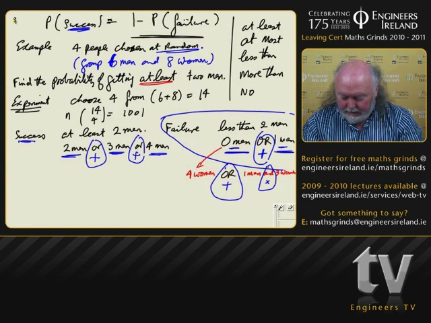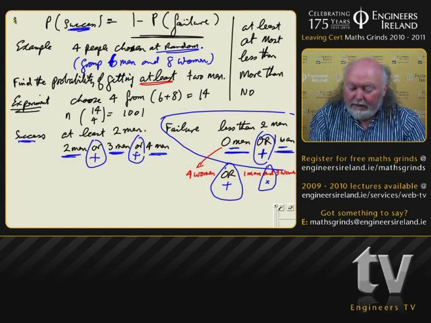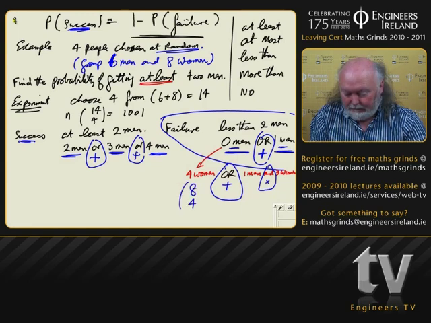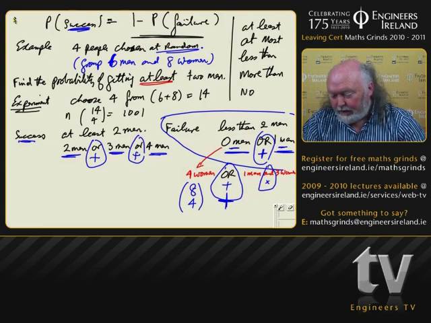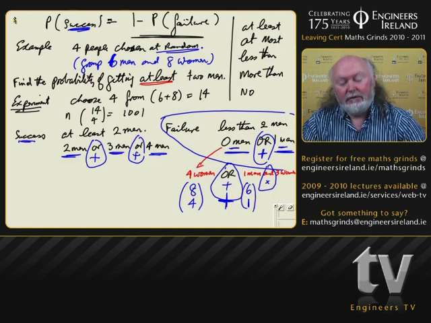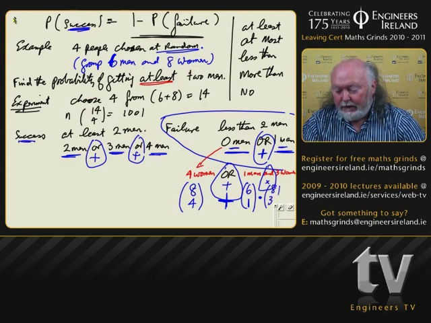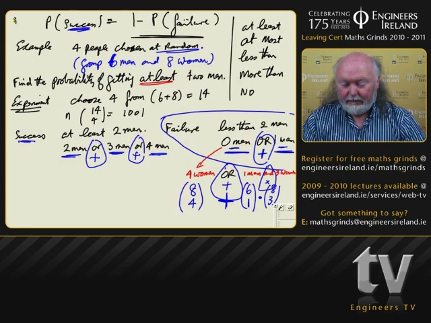These are our options. So 4 women, that would be out of 8 people. You see our plus here. And now over here we're saying 1 man is out of 6 people, we're only going to get 1. And we're going to multiply that by getting 3 women out of 8. So that's easy.